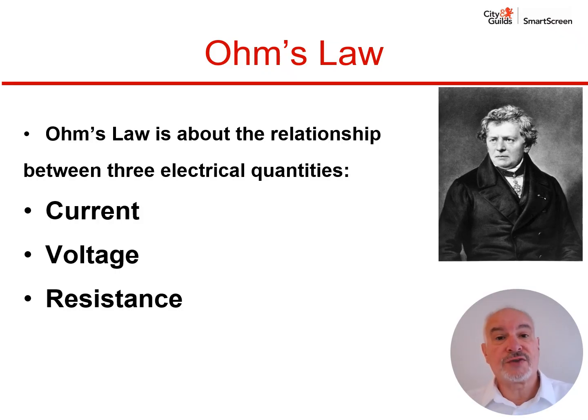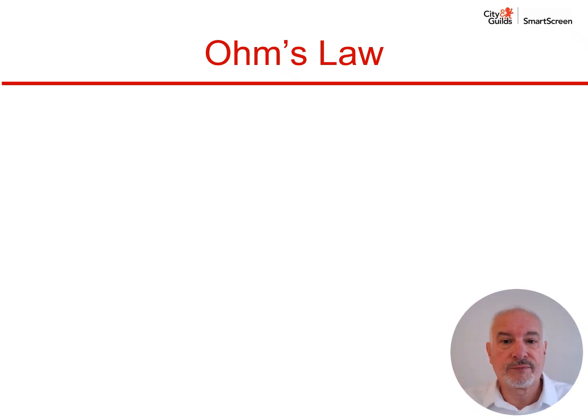And we have to thank for this a scientist called George Ohm, who about 200 years ago discovered through experimentation that there was a direct connection between these three things within an electrical circuit. The current and the voltage and the resistance were all very much interdependent and affected one another.